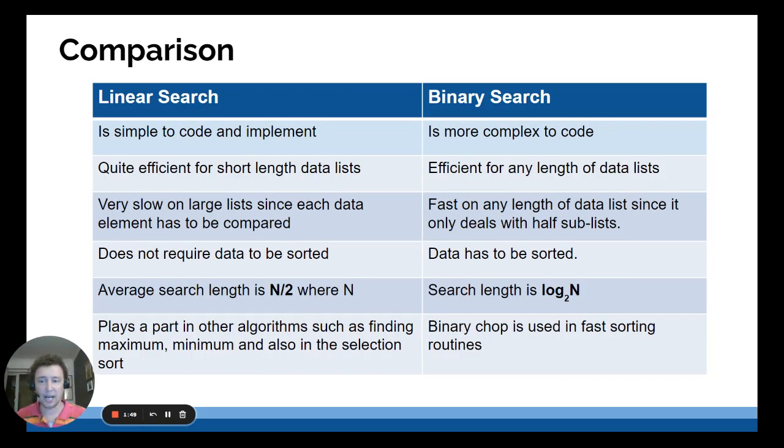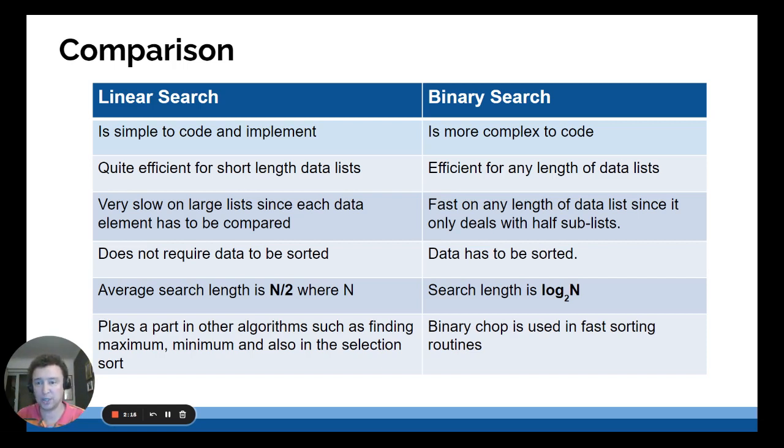Okay, and to finish, here is a comparison of linear search from Higher and binary search. So linear search, very simple to code and implement. Okay, binary search, a little bit more complex. It's got an if statement instead of a conditional loop. Linear search is quite efficient if you've got very small lists. Okay, so 10 items, linear search, very efficient. Okay, binary search, much more efficient for any length of data lists.